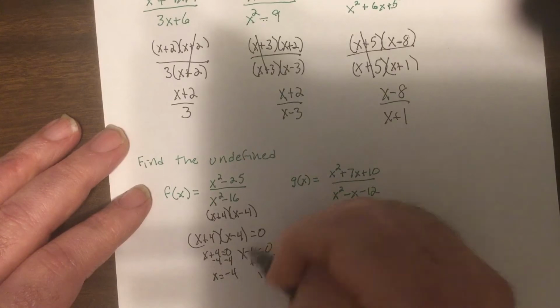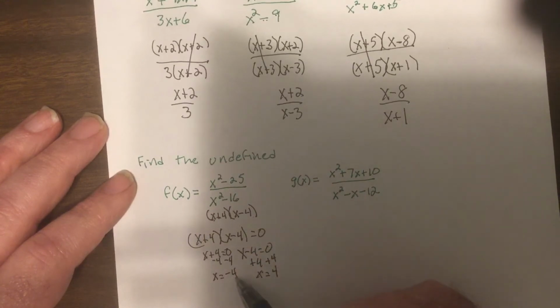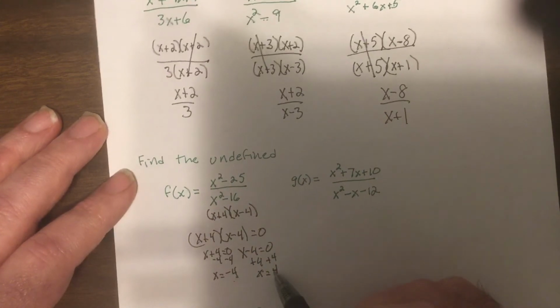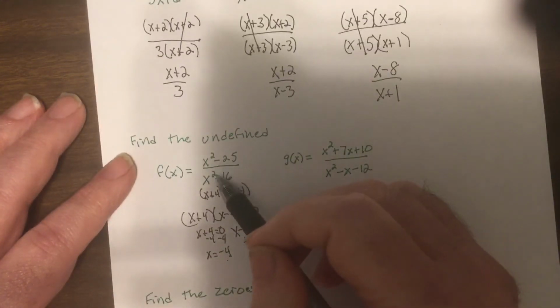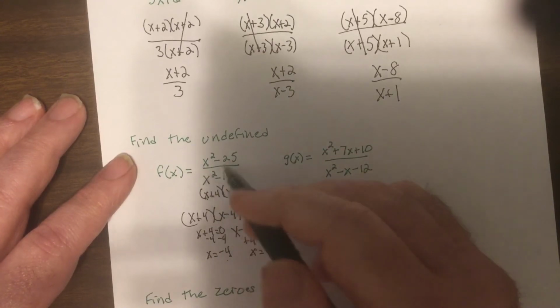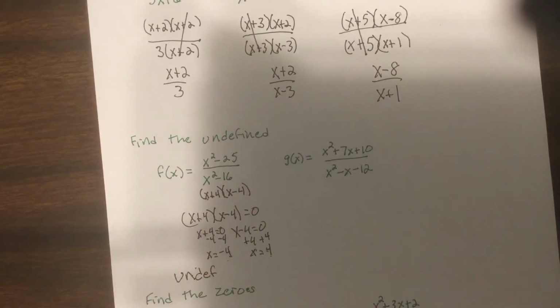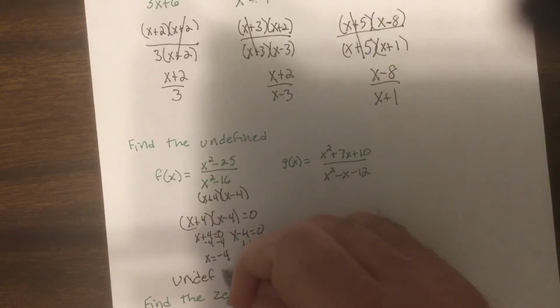Oh, I put y there. It's supposed to be x. So the undefined would be 4 or negative 4 because they cause the denominator to be 0 when you put them in for x. Now some books call them restrictions. Other books call it other things. But I like undefined.